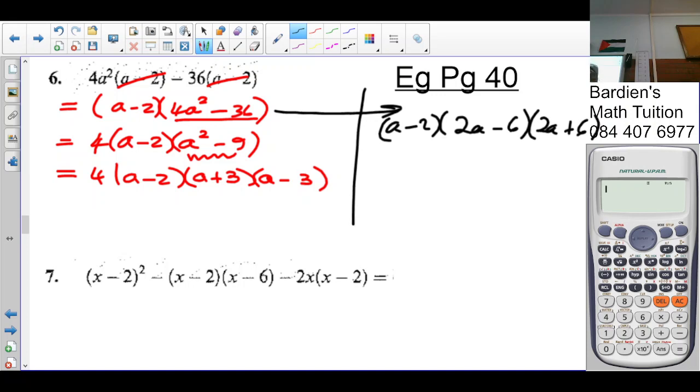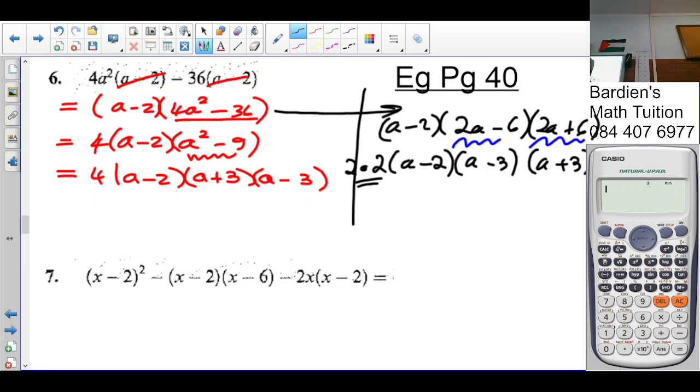That's what you're asking, no? But what do you notice here? 2 is a common factor. So you take out 2 in the first bracket, so it's a minus 2, a minus 3, and then the 2 that comes from here will give you a plus 3. What's 2 times 2? 4. You see, it's an extra step, but you'll still get the full mark if you had gone all the way.